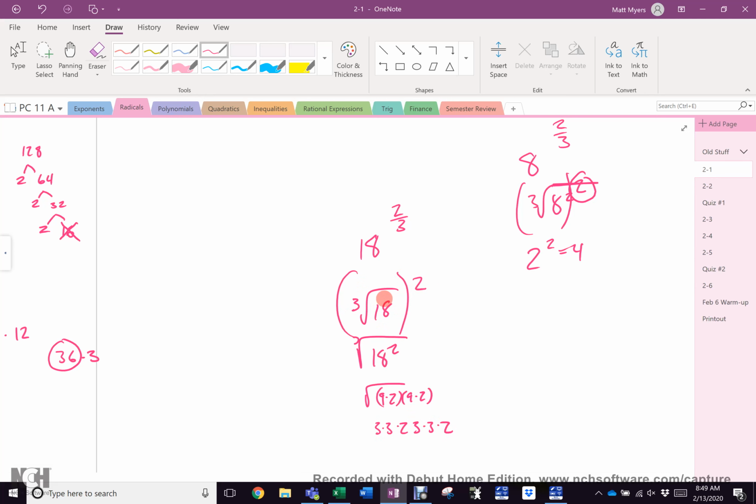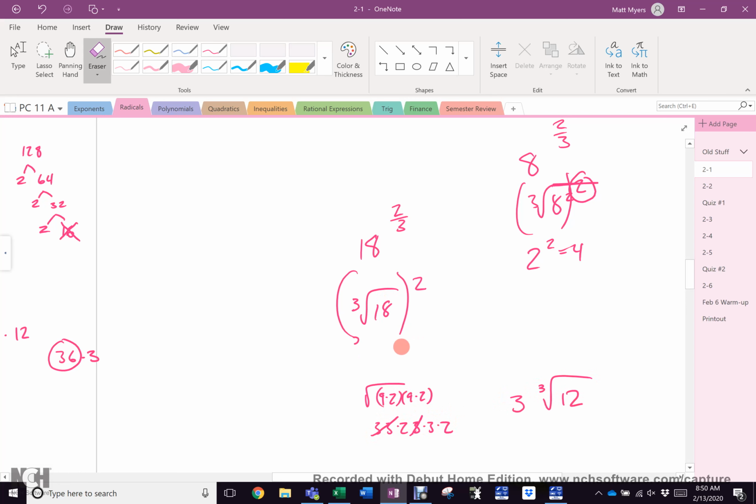Is everybody following me here? Like, this is what we're doing right now. Your group of 3 would come out. It would be 3 cube root. Those 3's are gone. And what would be left? 2 times 2 times 3, which would be 3 cube root 12, right?